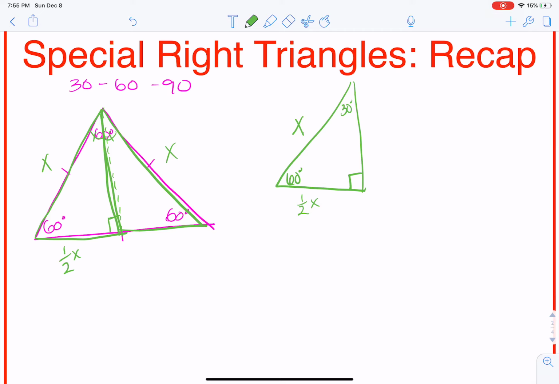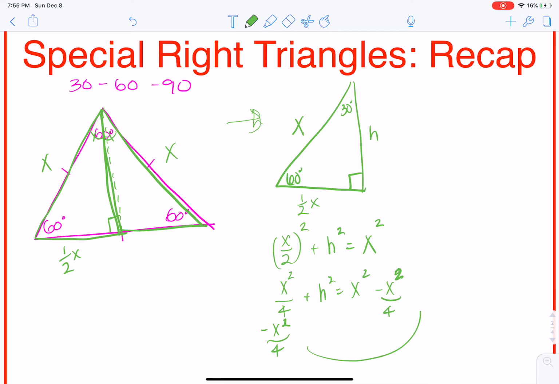So I can again use my Pythagorean theorem and say that x over 2 squared plus, let's call this side over here h, plus h squared is equal to x squared. And I can solve for that side length h, so I have sides of this triangle that are all in terms of x. So this gives me x squared over 4 plus h squared is equal to x squared. I can subtract x squared over 4 from both sides.